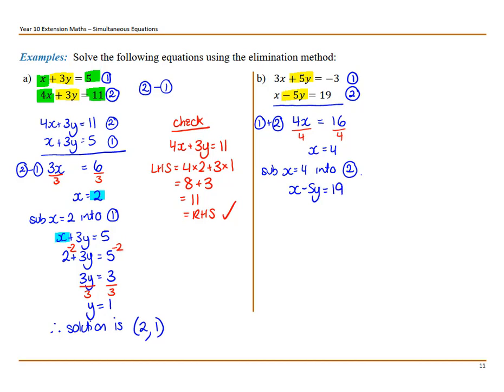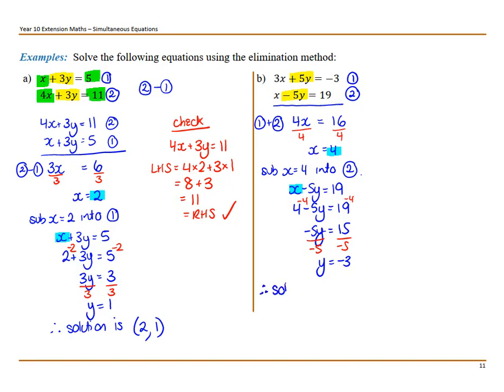Now it doesn't matter which equation you substitute into, you'll still get the same answer. So 4 minus 5y equals 19. Take 4 from both sides. Negative 5y equals 15. Divide both sides by negative 5. So y is negative 3.